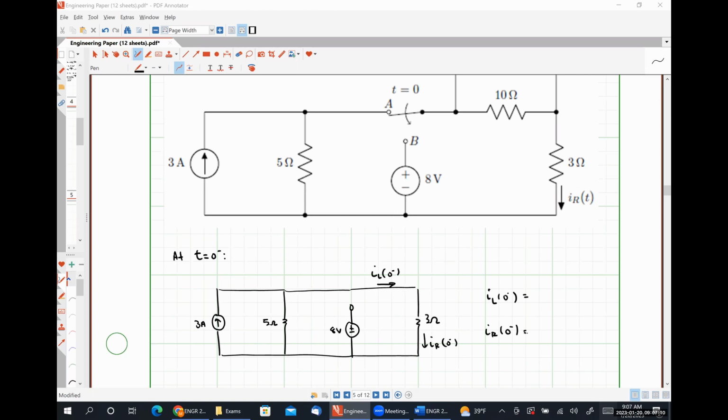So let's see if the math checks out there. Using current division, we're going to have 3 amps times 1/3 over 1/5 plus 1/3.